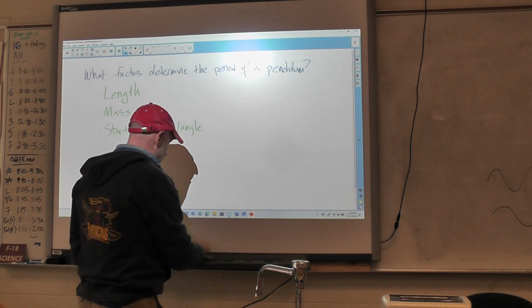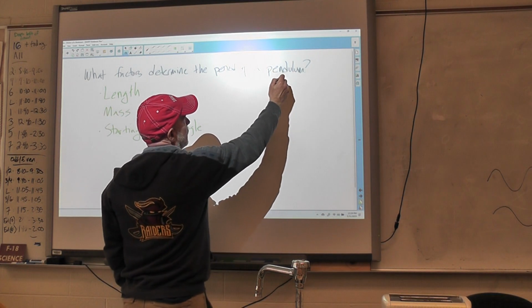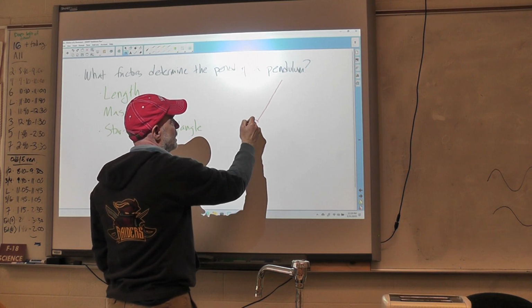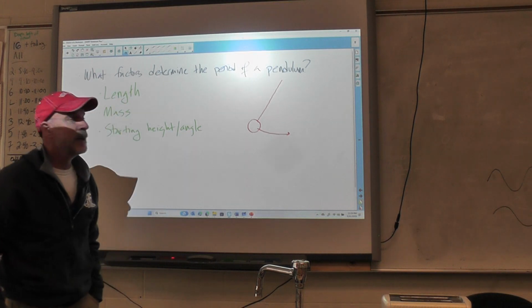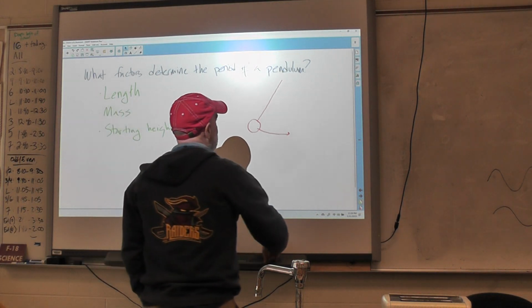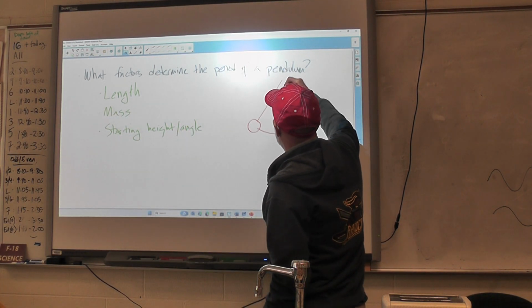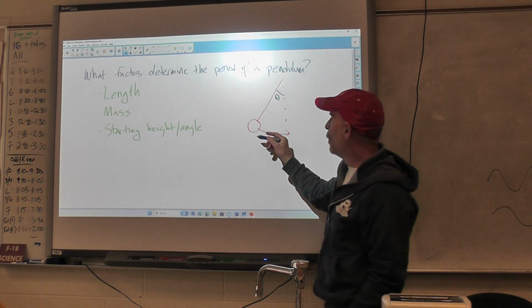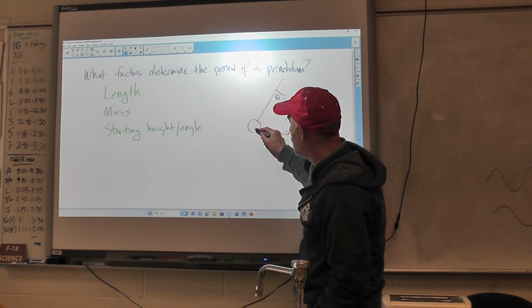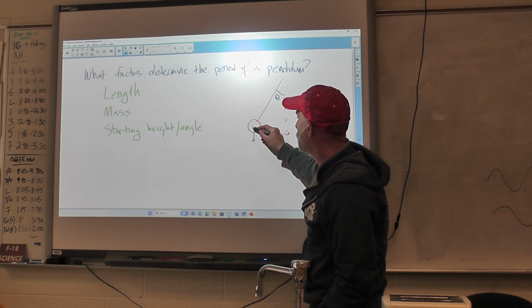So if we model our pendulum like this, we have this invisible massless string, it's going to move in this curved path, and we could look at this angle here as mattering, or we could look at its height above the ground.